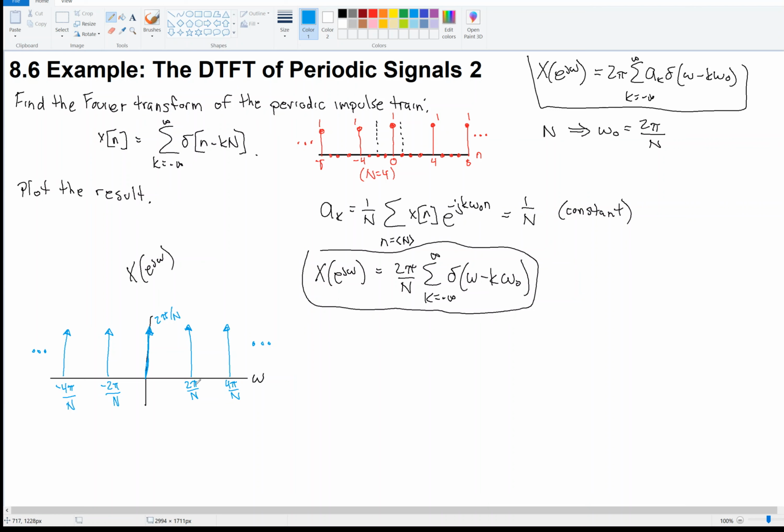It repeats every 2 pi over n, so when n is 4, we have 2 pi over 4, then 4 pi over 4, then 6 pi over 4, then 8 pi over 4, which is 2 pi. So yes, it repeats every 2 pi over 4, but it definitely repeats every 2 pi as well. And it needs to do that because the DTFT is always periodic with period 2 pi.